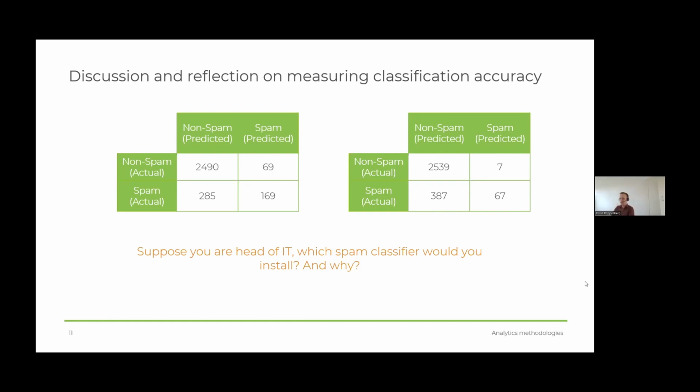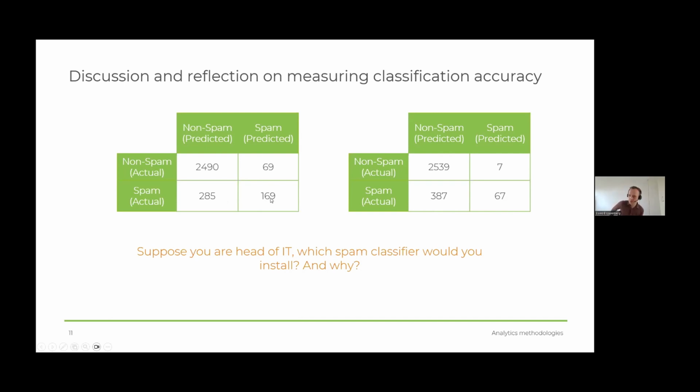But I see a lot of actual non-spam predicted as non-spam, and a lot of predicted spam. Let's say the 285 is spam, but it's not predicted. But it has a few false positives. That's how I see it.